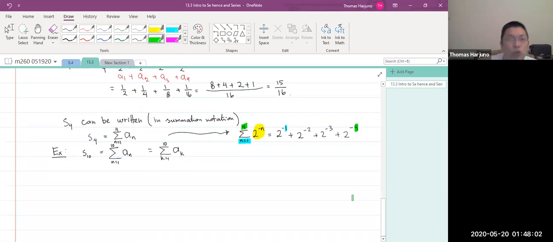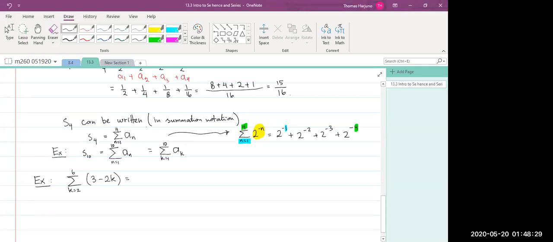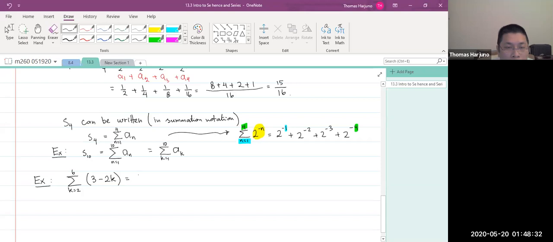Now, let's see. Suppose I give, for example, the sum from k equals 2 up to 6 of 3 minus 2k. So your k starts from 2. When k equals 2 it is 3 minus 2 times 2. That's the starting point, right?